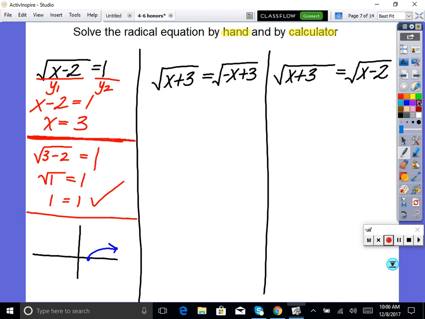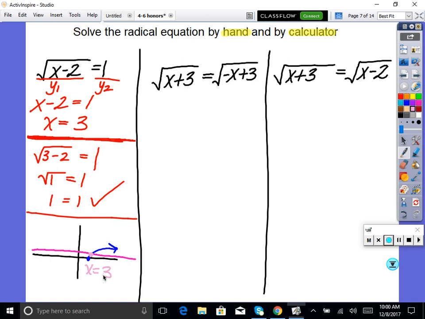We would have a straight line up at 1, and then our square root function, and they intersect at x equals 3. Do second trace, intersect, go through the motions, make sure you can get that so you can check your answers. It intersects at x equals 3. Did you get that? Okay, cool.